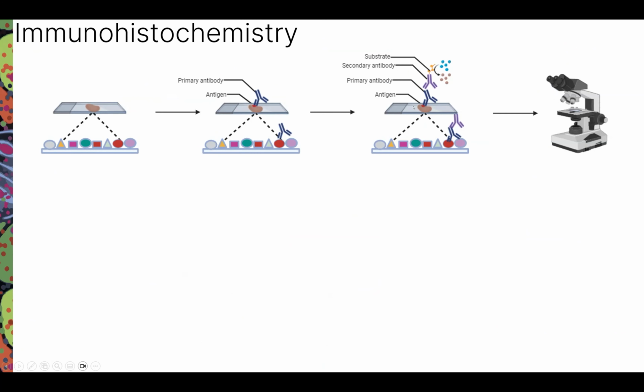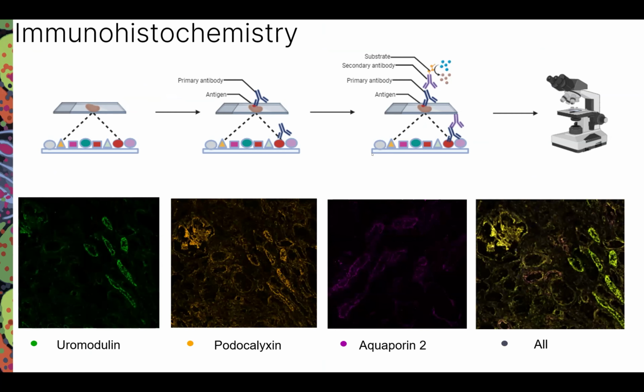We then apply a secondary antibody, which will bind to our primary antibody, and our secondary antibody contains a substrate that will create a certain color pop in our microscopy imaging later. As a part of my summer research experience in a wet lab, I was able to create my own protocol and optimize it for a kidney tissue, and here are the results that I have.